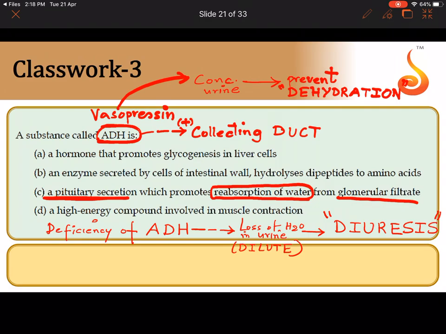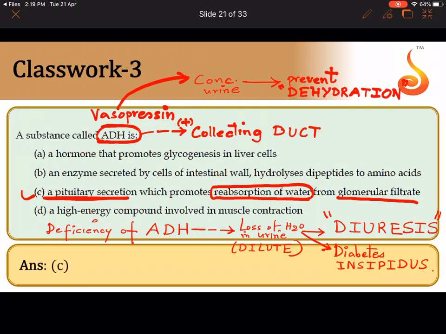Otherwise, loss of excessive water in urine, frequent urination, which is diuresis, is seen. The name given to this disease is diabetes insipidus. Don't get confused with diabetes mellitus. Diabetes mellitus is due to deficiency of insulin, but here due to deficiency of ADH, a person produces a lot of dilute urine, repeated or frequent urination is seen, there is loss of water in the urine, that is called diuresis, and this medical condition is called diabetes insipidus.